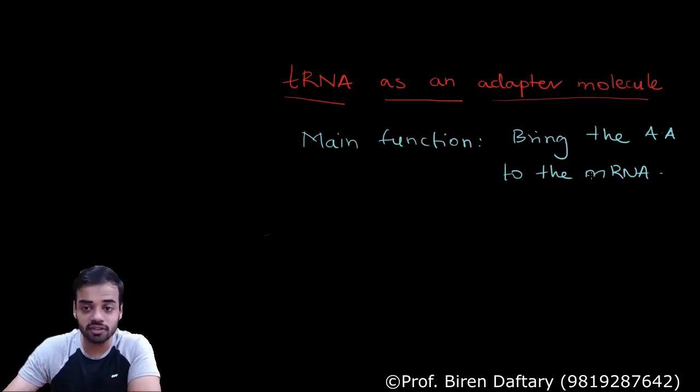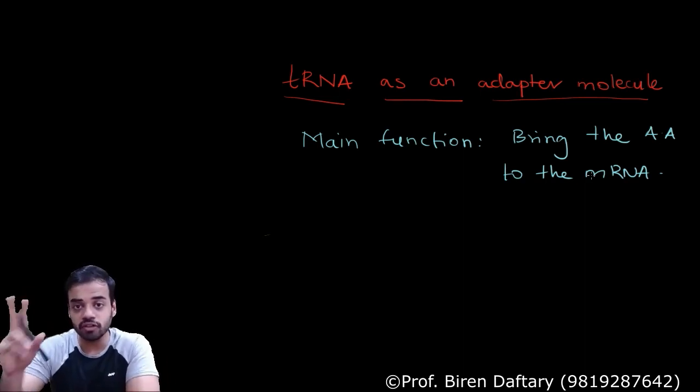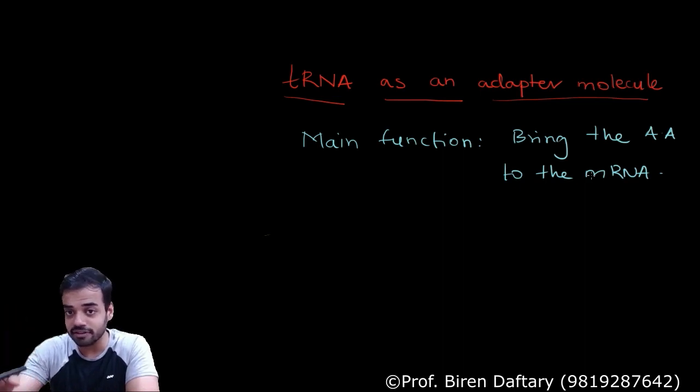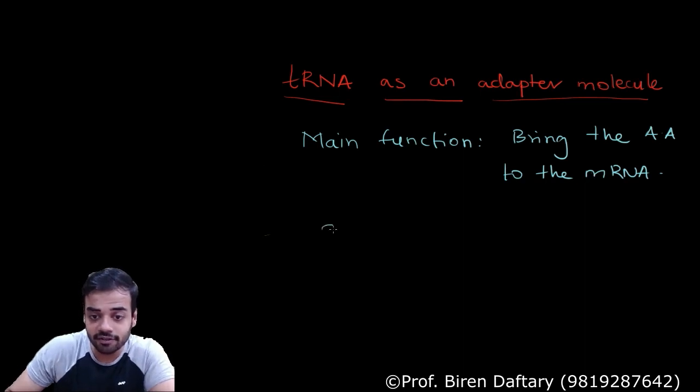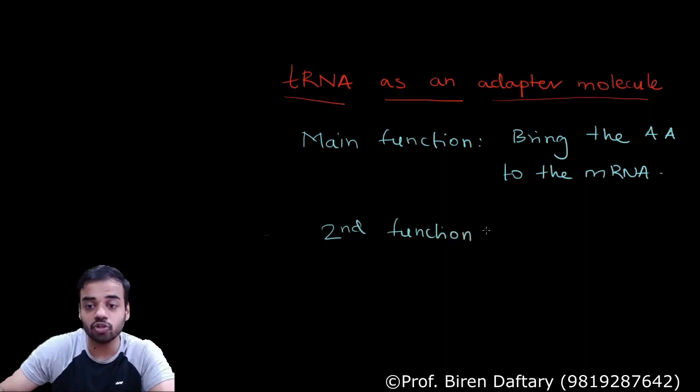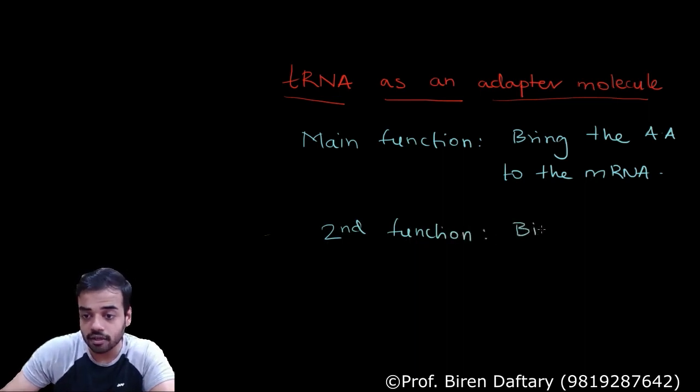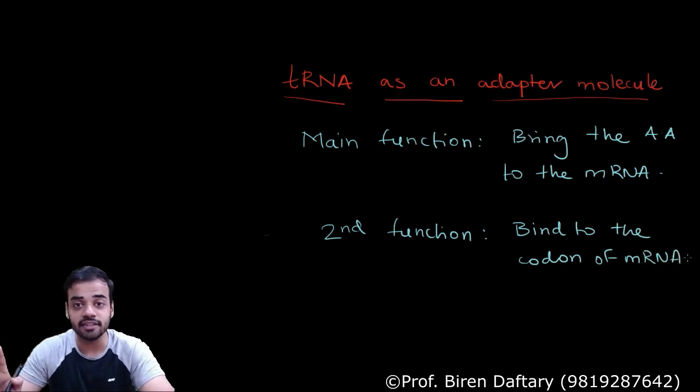Now what are the other functions of tRNA? There are two functions of tRNA. The main function is to bring the amino acid to the mRNA, and the second function of tRNA is to bind to the codon of mRNA. So it is doing two functions simultaneously.